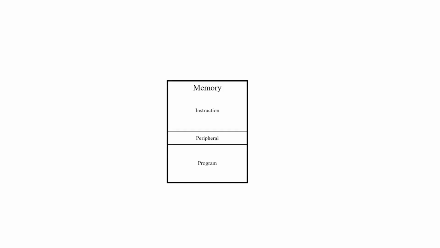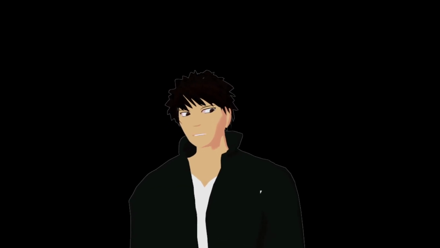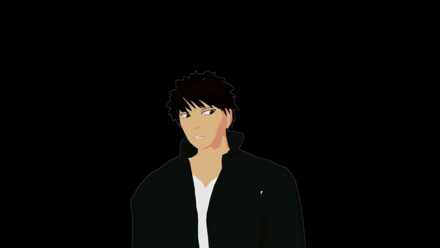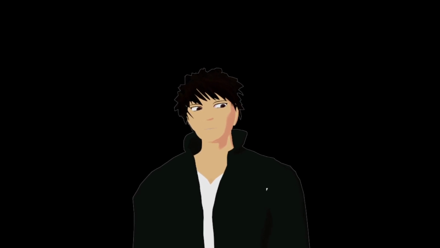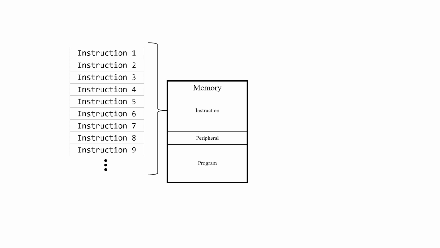We specify what data the processor needs to pull and how to manipulate it by writing a list of instructions that constitute a program. These instructions are stored in the memory. Now, you may wonder, how does the processor know what to do to the memory if the instructions are also in that memory?